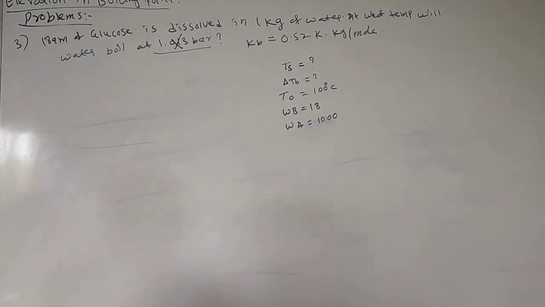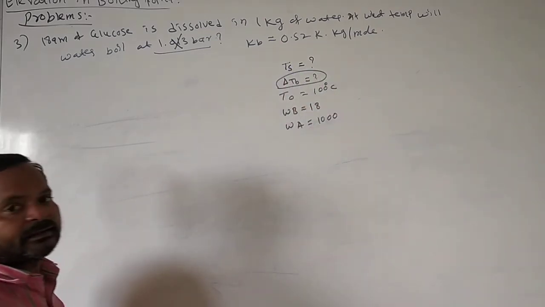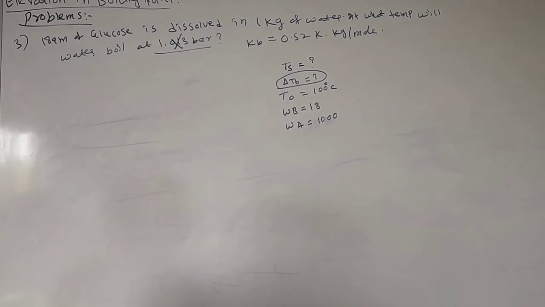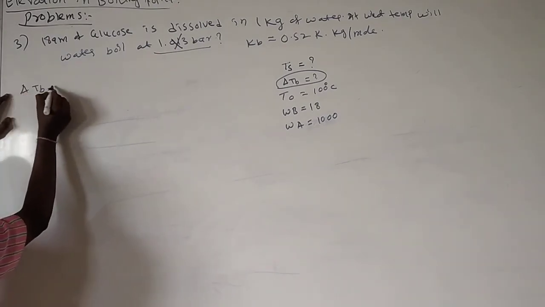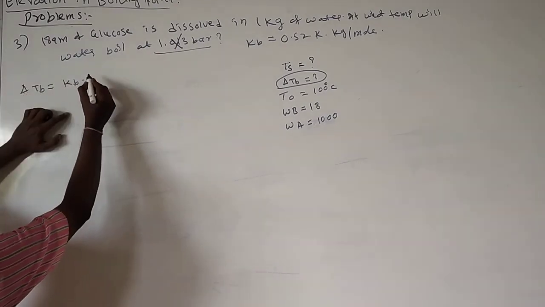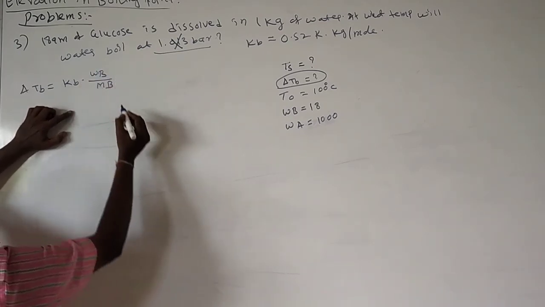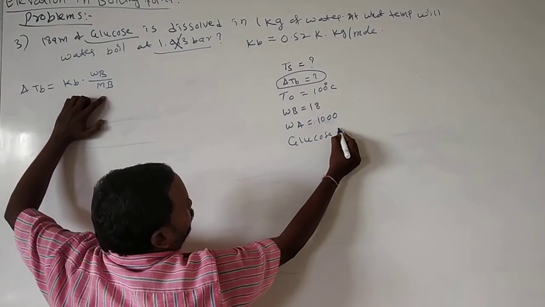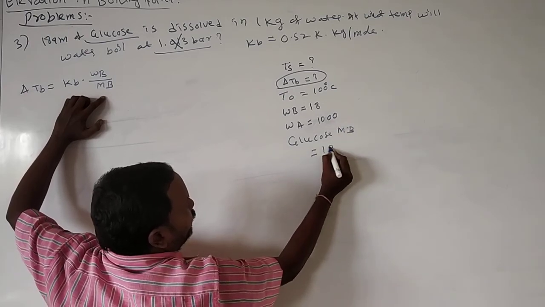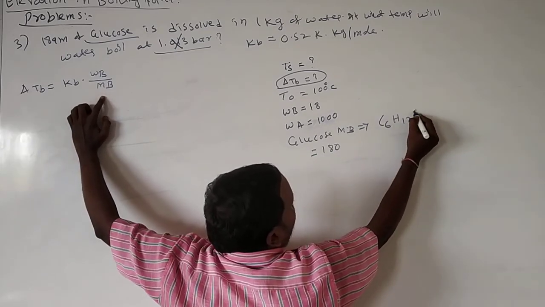What do you calculate? First you calculate delta Tb, then you will get delta Ts, then you will get Ts. Delta Tb is equal to Kb into Wb by Mb into 1000 by Wa. Glucose molecular weight is 180, from the molecular formula C6H12O6.